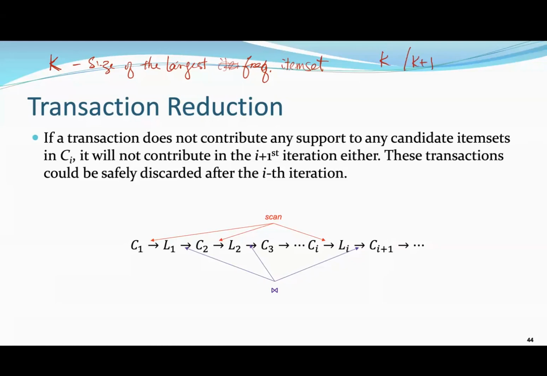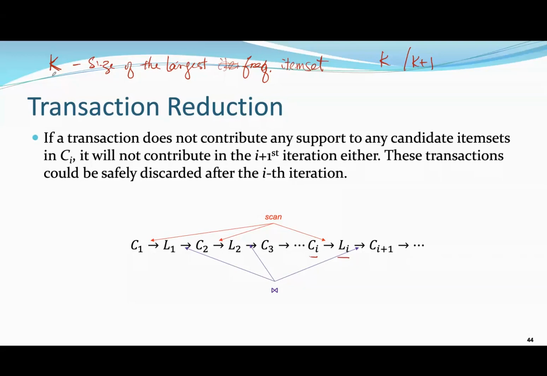Why? Well, first of all, we notice that from a Ci to obtain an Li, that takes one database scan, right? So from C1 to L1, that's one database scan. From C2 to L2, there's another database scan, and so on, right? So if we get from Ci to Li, that is i database scans.